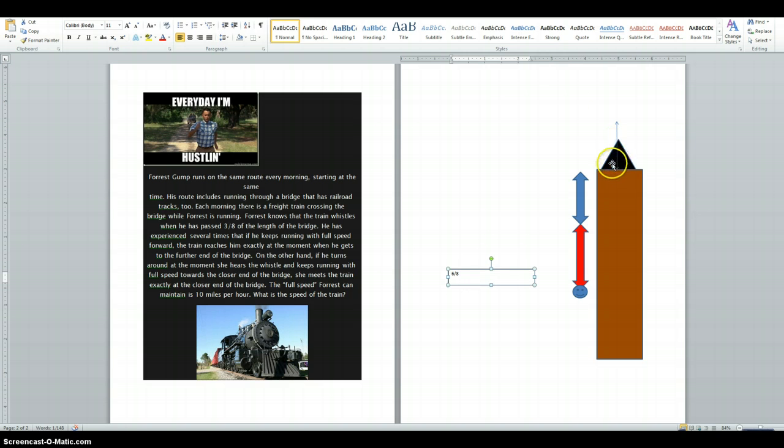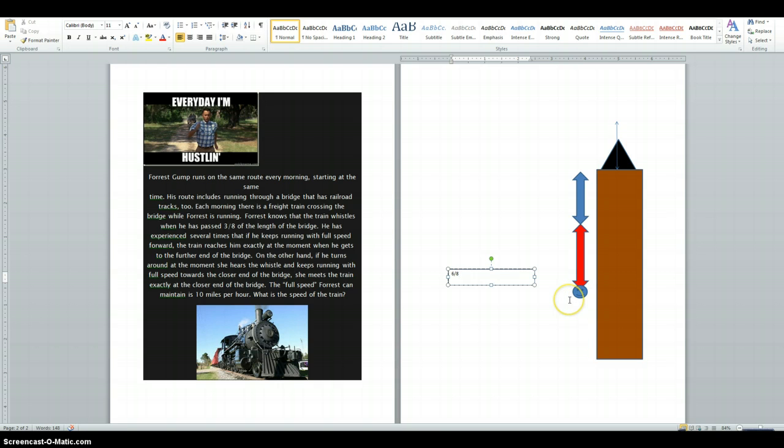So the train has to travel the entire length of the bridge by the time Forrest only needs to travel 2/8 of the bridge, and we know that because if he's already traveled 6/8, the only distance left is 2/8 or 1/4.